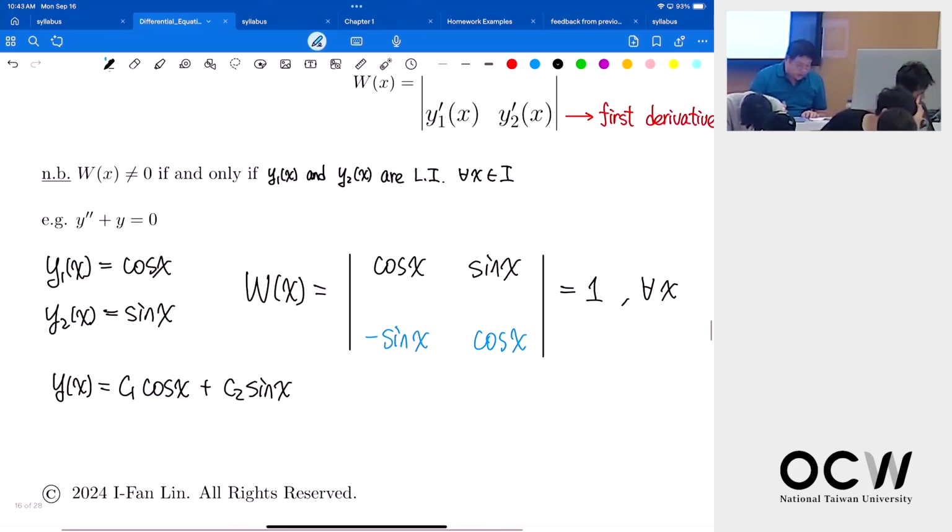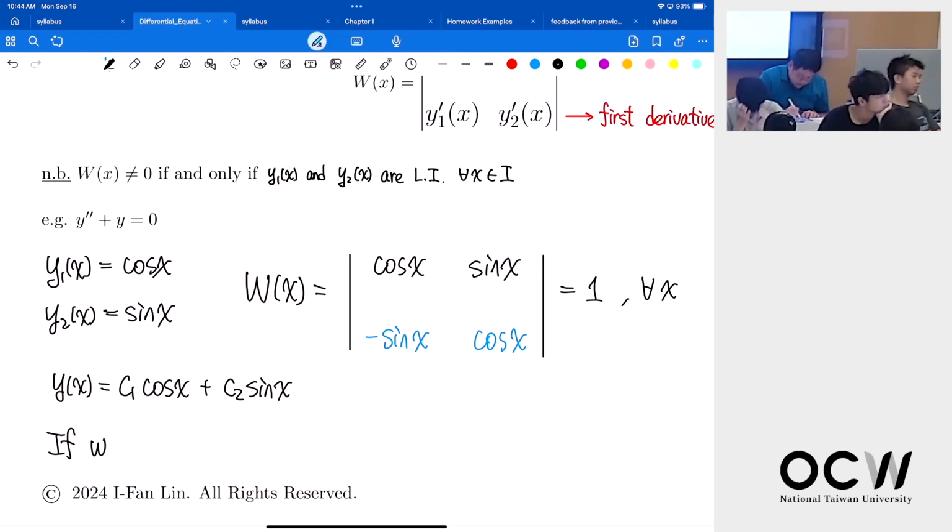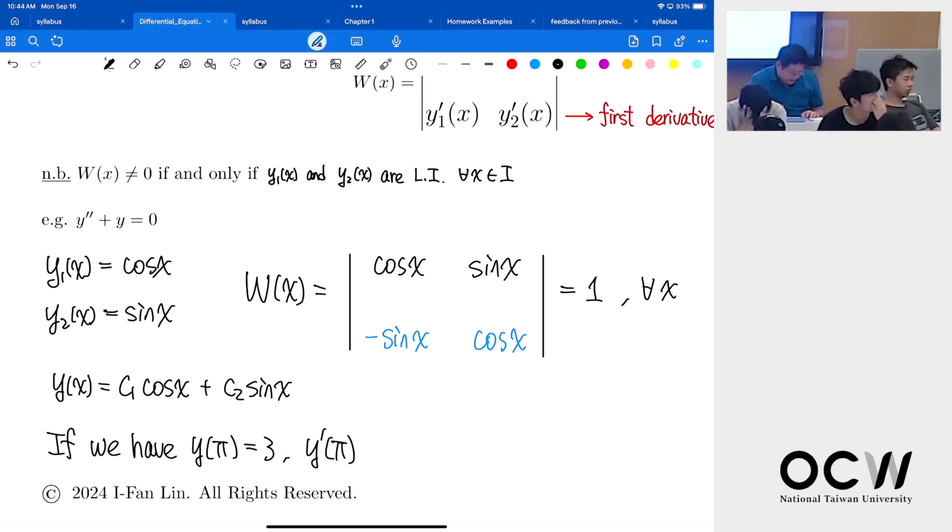And to determine the constants C1 and C2, if we have initial conditions, say x equals pi and then y equals 3. And for the slope at pi, that's 2. You will get C1 is minus 3 and C2 is minus 2.